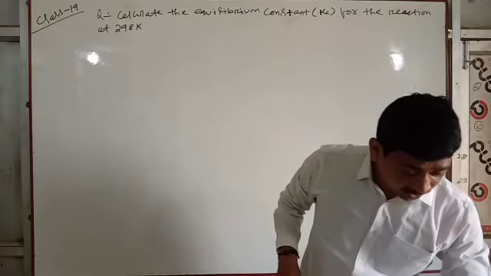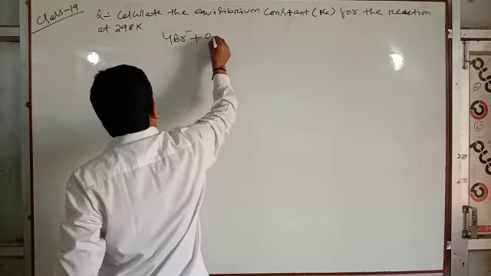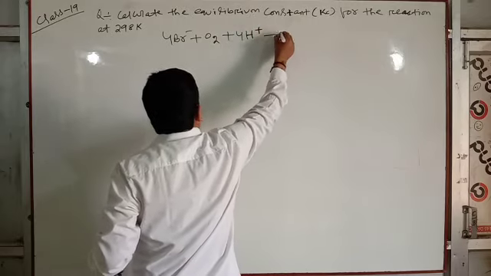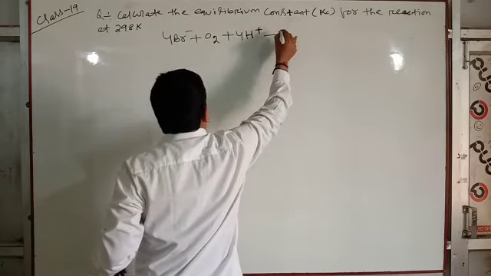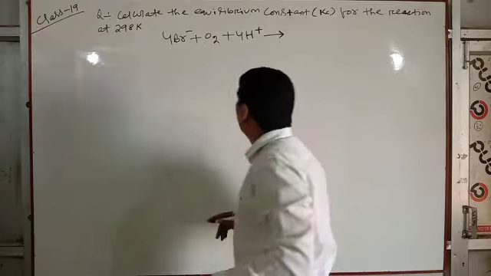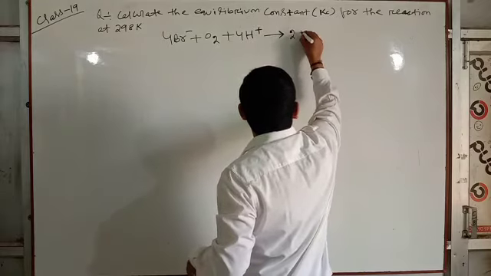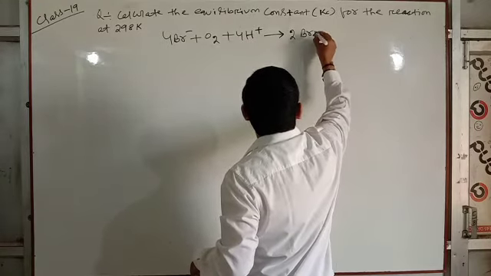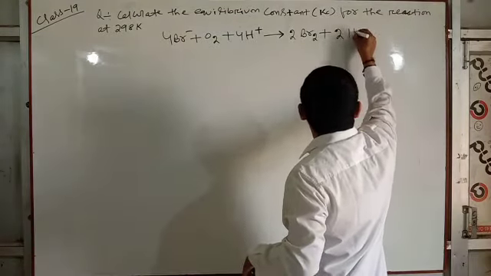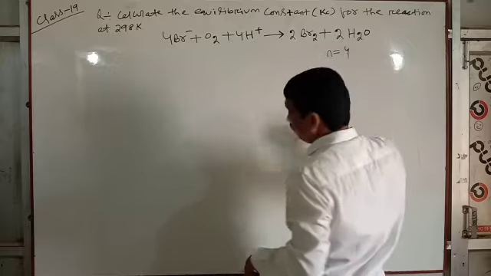4Br minus plus O2 plus 4H plus gives 2Br2 plus 2H2O.